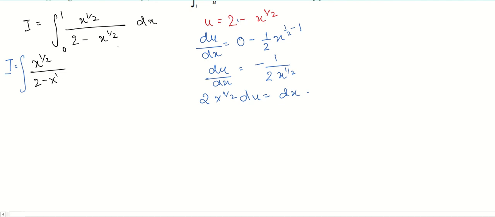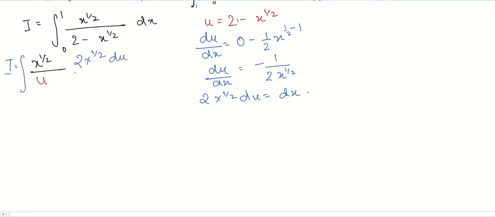So instead of writing 2 minus x to the power of 1/2, now we know that it's u already, so I'm just going to write directly it's u. Now we use this one, so we're going to write 2x to the power of 1/2 du. All right.